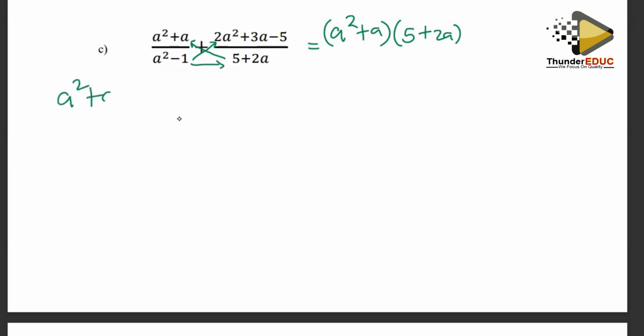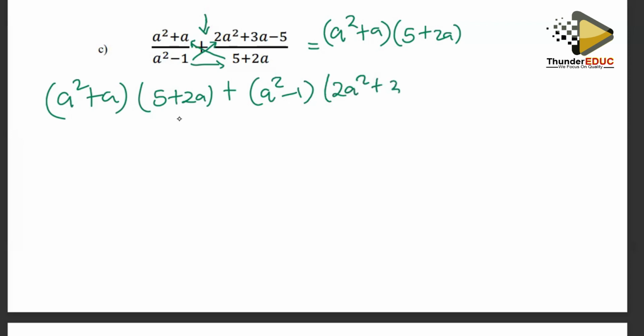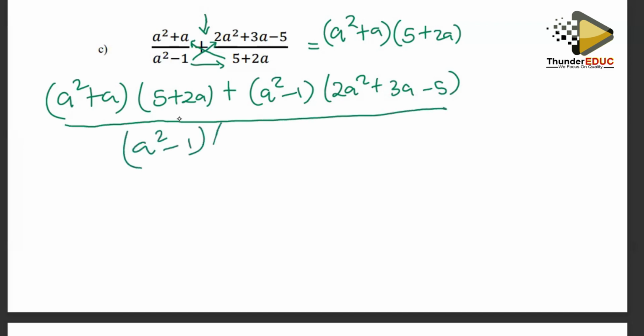So a squared plus a into 5 plus 2a plus, we have a squared minus 1. This plus is this original plus there, into 2a squared plus 3a minus 5. I'm dividing everything by the product there: a squared minus 1 into 5 plus 2a.